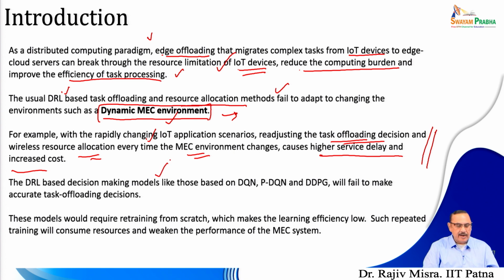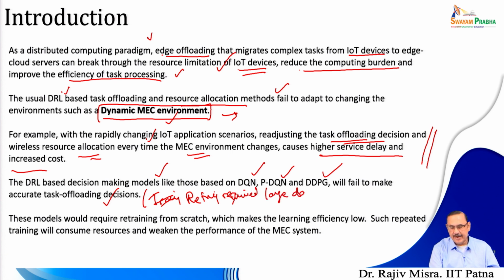Therefore, DRL based decision making models like deep Q learning, PDQN, DDPG will fail to make accurate task offloading decisions, because the training or retraining requires a large data set and training time to adapt to the dynamic environment.